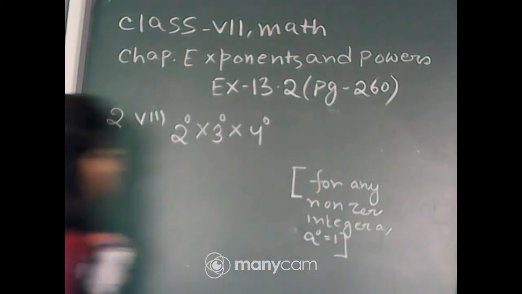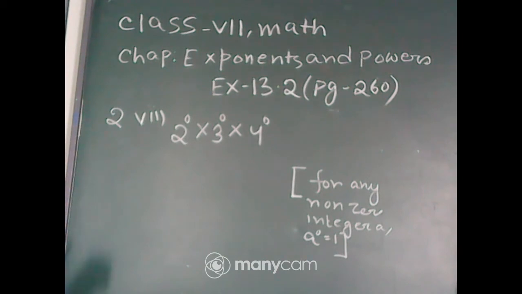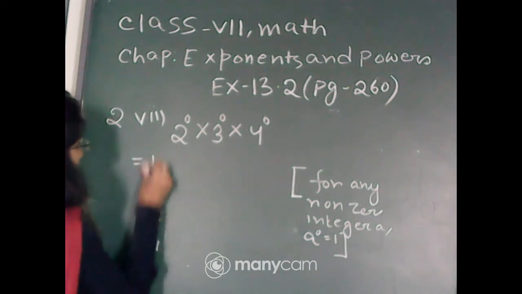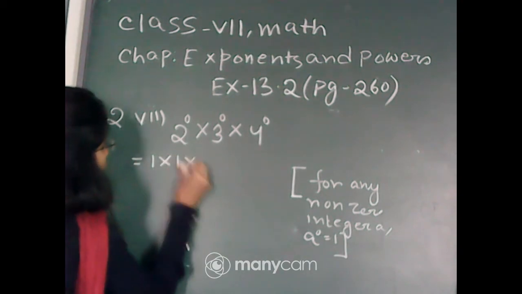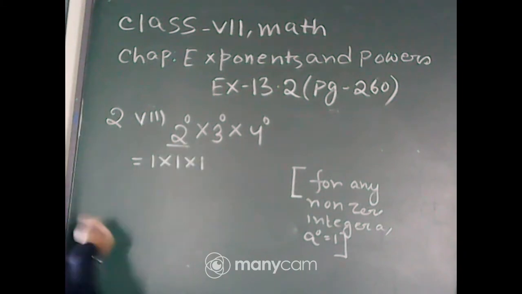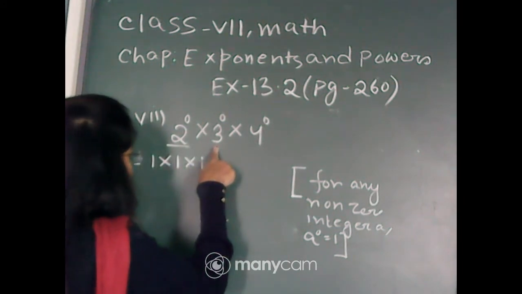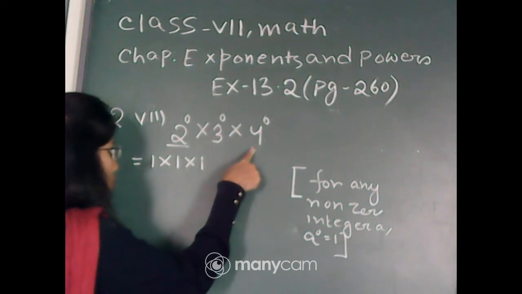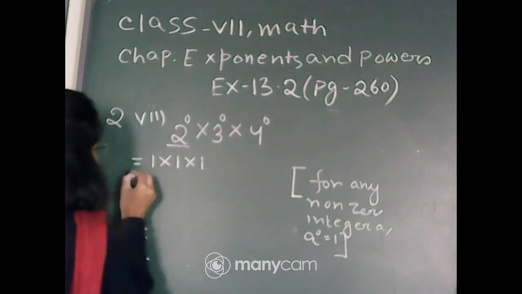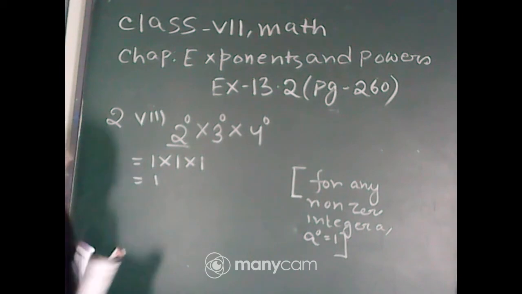We have from laws of exponents. So, this is equal to 1 into 1 into 1, because 2 is a non-zero integer. So, 2 to the power 0 is equal to 1. 3 is also a non-zero integer. So, 3 to the power 0 is also 1. 4 is also non-zero. So, 4 to the power 0 is also 1, and the final answer is 1.